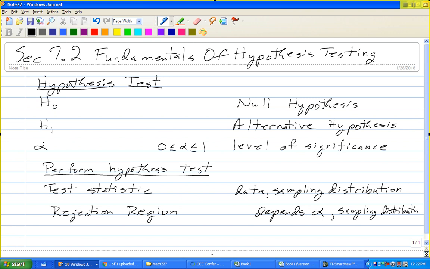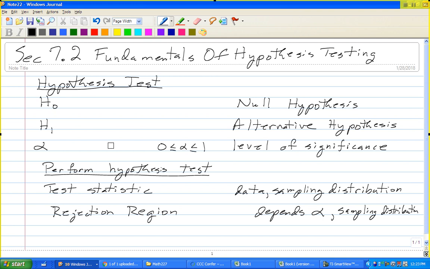Please notice that the null hypothesis, alternative hypothesis, and level of significance are already formed before we collect the data. So these don't depend on our data or our sampling distribution. These are all fixed before we perform the hypothesis test. We can then draw some conclusion.